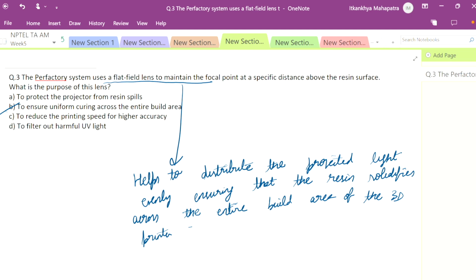It is primarily concerned with distributing light uniformly for consistent curing. Filtering out harmful UV light, that is UV light protection, is a consideration for the overall system design, but it is not a primary role of this particular lens in the context of uniform curing. Okay.